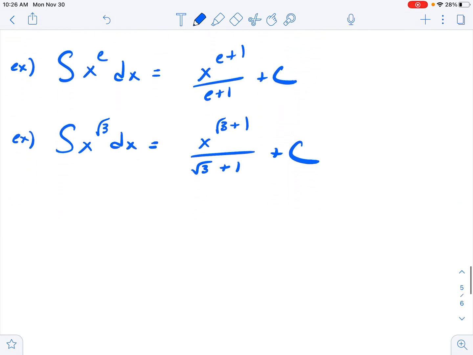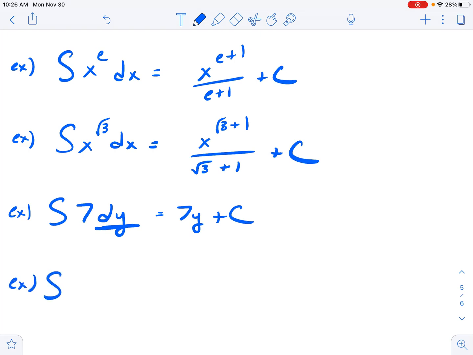And your constant. Other things to look out for are the variable. If I said, look, what's the integral of 7 dy? It's not going to be 7x plus c this time. What do you suppose it's going to be? 7y plus c.